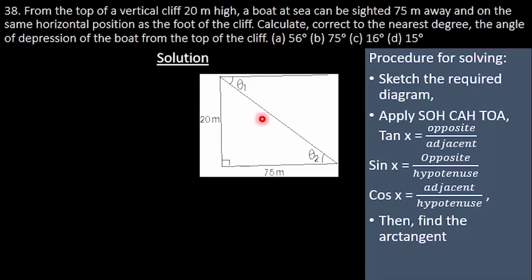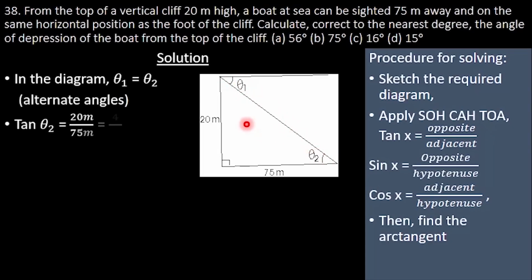Then calculate, correct to the nearest degree, the angle of depression of the boat from the top of the cliff. We have the angle here, and the angle here is alternate to the angle here. Therefore, theta 1 is equal to theta 2 because they are alternate, and alternate angles are equal.